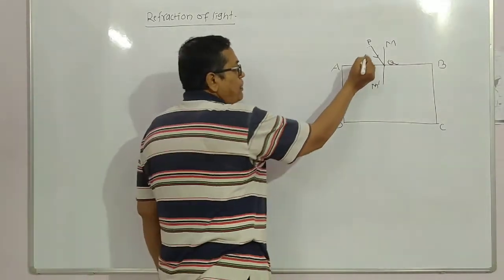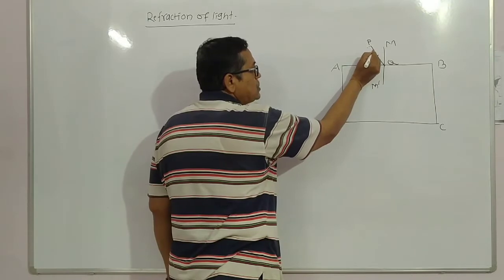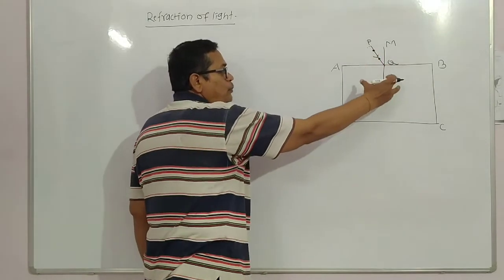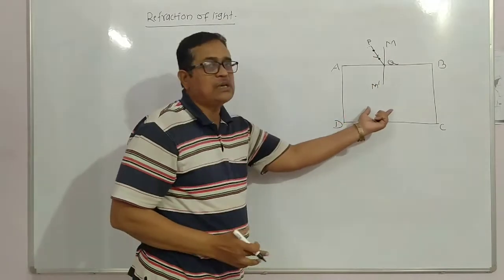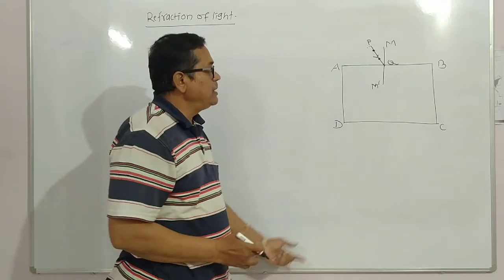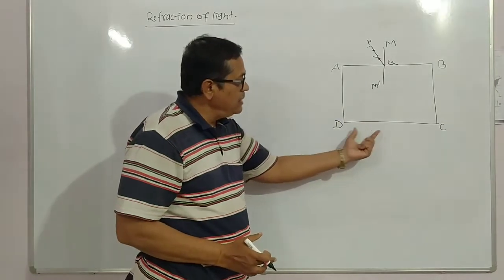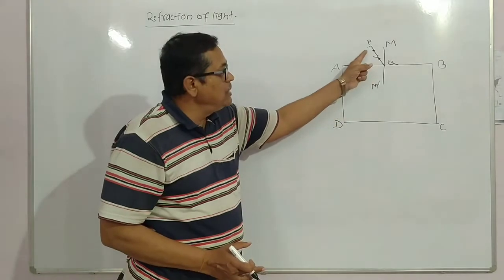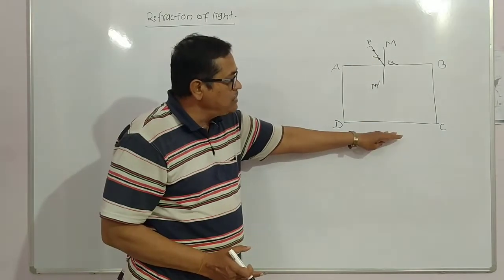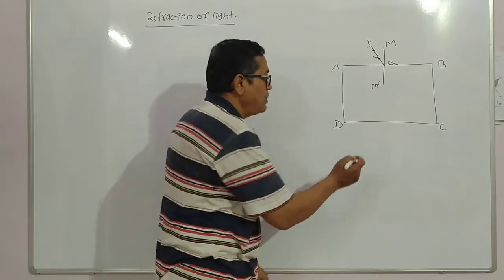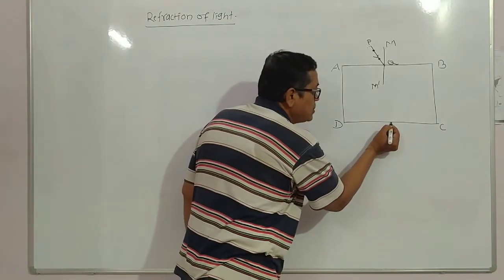Then we fix two pins on this ray PQ and put the glass slab again on the white paper, on ABCD. Then from side DC we observe the pins of ray PQ and mark them with a pencil in this way.